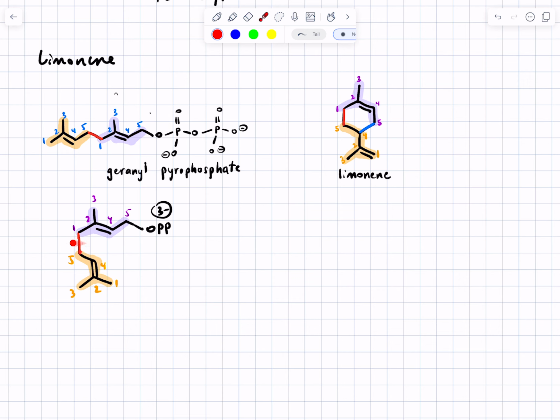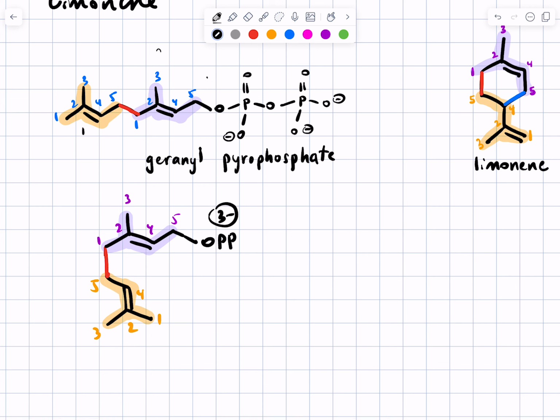I've just rotated around a carbon-carbon bond. Another important thing is alkene stereochemistry in the linear precursor. There is no stereochemistry around this alkene because both of them are methyl groups. But here, this is an E double bond, and that stays that way.